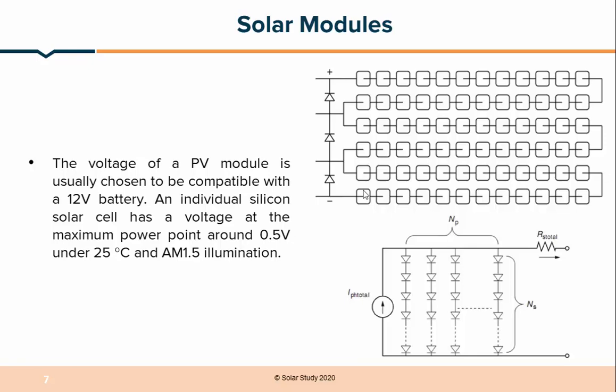All the solar cells are designed in such a way that whatever energy comes from solar will be stored in a 12-volt battery. If I want to store more energy, I have to connect a number of 12-volt batteries. If I am getting 48 volt, then I have to take four 12-volt batteries. The operating temperature is 25 degrees Celsius and air mass is 1.5.